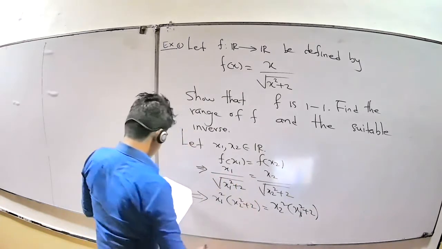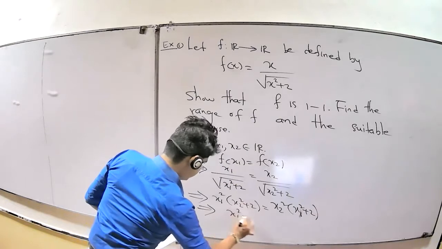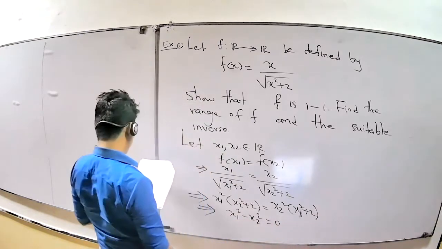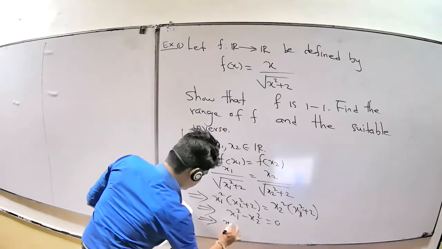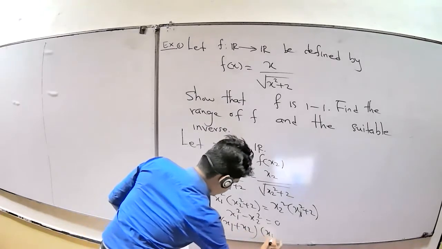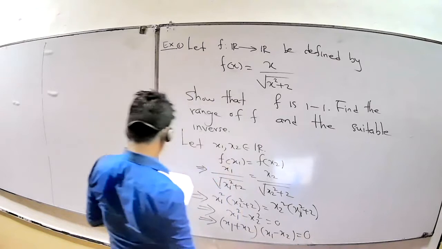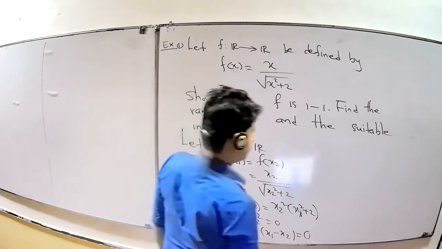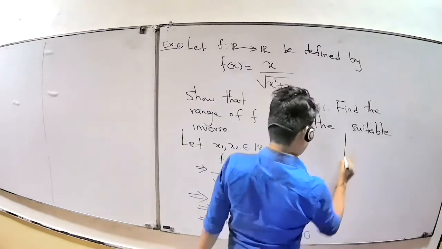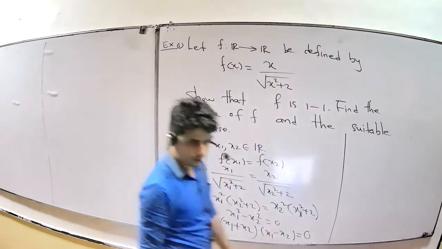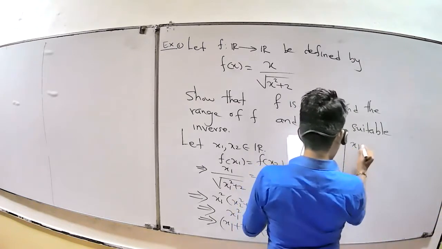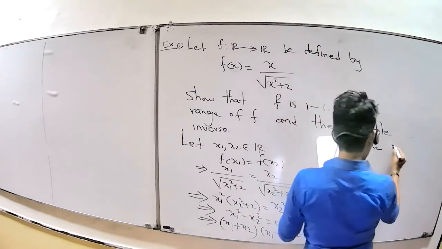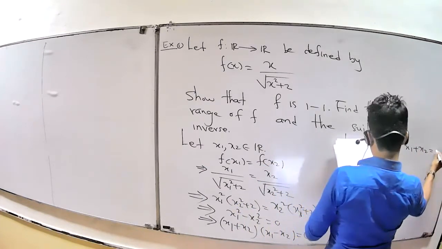Now you simplify this one, you get x1 squared minus x2 squared equals 0. This implies (x1 plus x2)(x1 minus x2) equals 0. From this you get x1 equals x2 or x1 plus x2 equals 0.